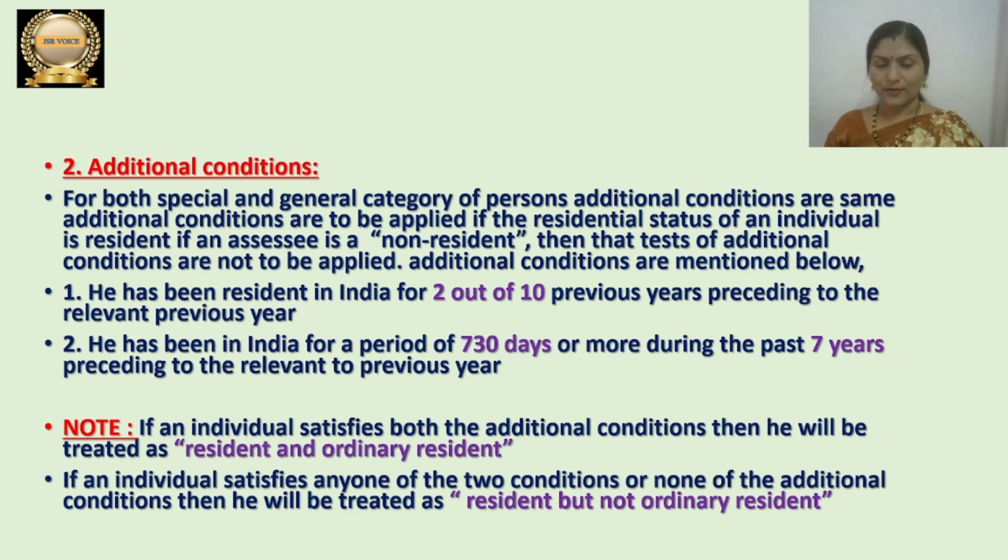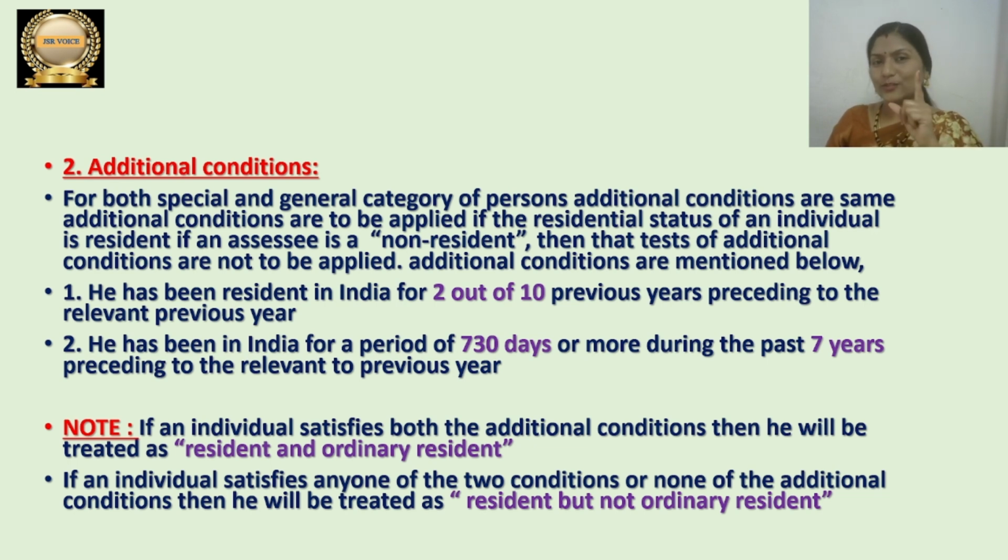You can see, I'll read a note. If an individual satisfies both the additional conditions, then he will be treated as a resident and ordinary resident. He has to satisfy two additional conditions, then only we will call him a resident and ordinary resident. I am going to read the next one. If an individual satisfies any one of the two conditions or none of the additional conditions, then he will be treated as resident but not ordinary resident.